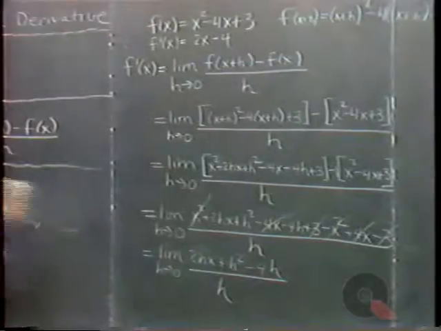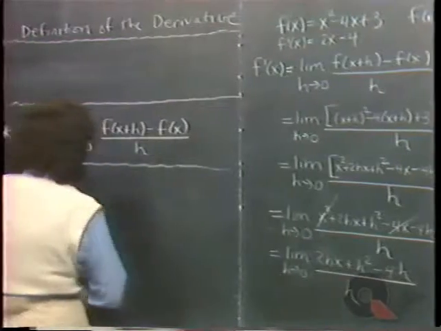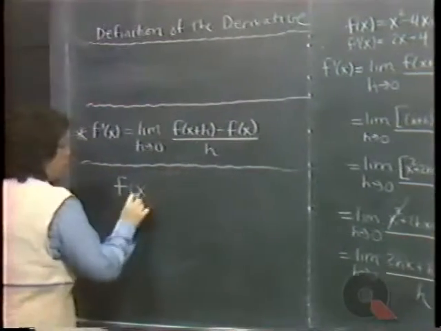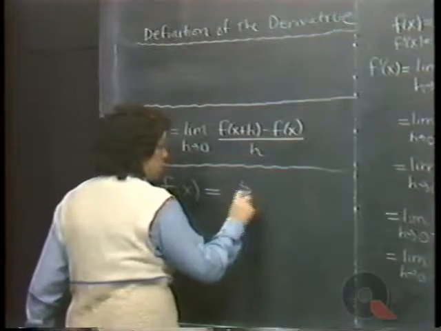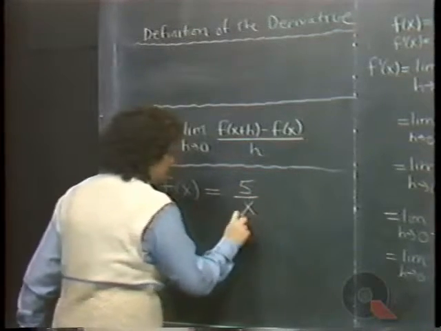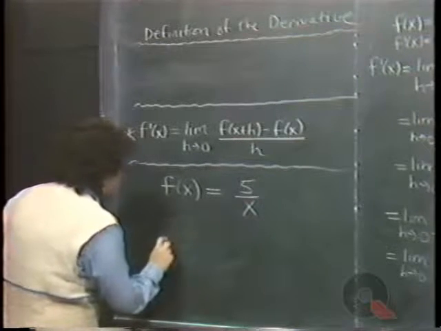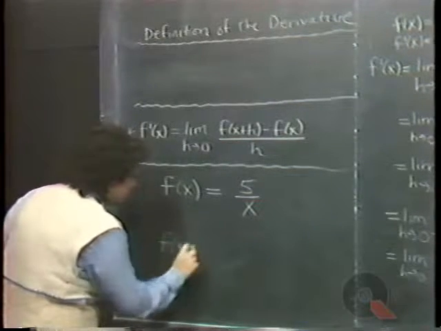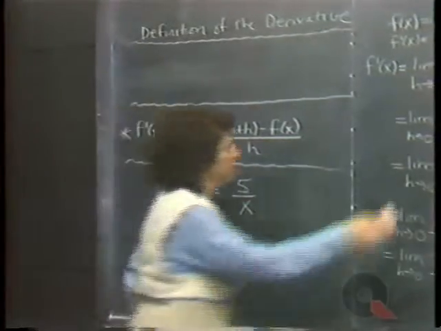Okay, for our next example, we're going to try to calculate the derivative of f of x equal to 5 over x. While I'm erasing the board, you tell me what f of x plus h is, because after all, we're going to need f of x plus h.